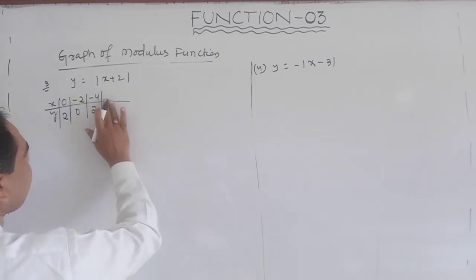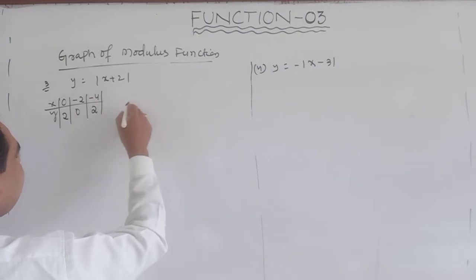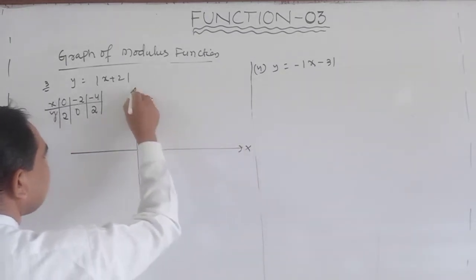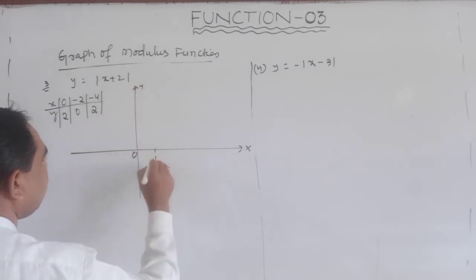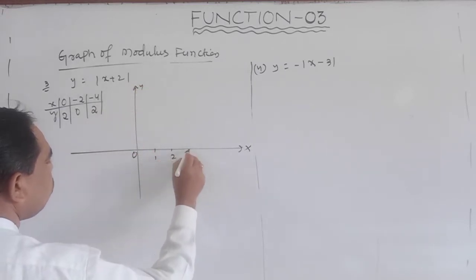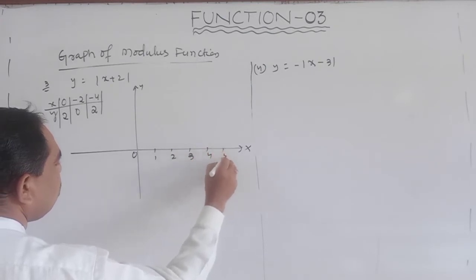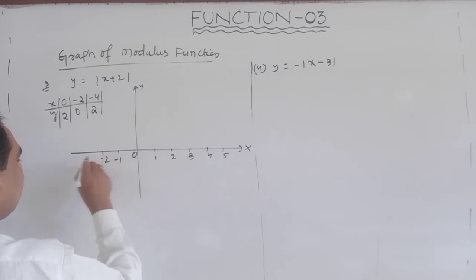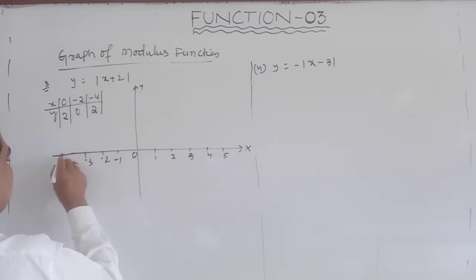Okay. Let us see. This is x, this is y, origin, 1 2 3 4 5. This is minus 1 minus 2 minus 3 minus 4.